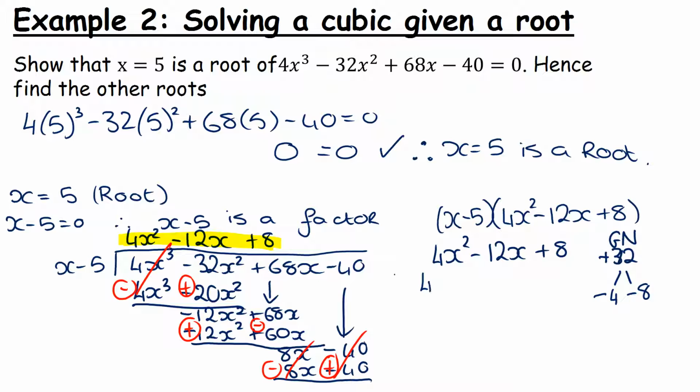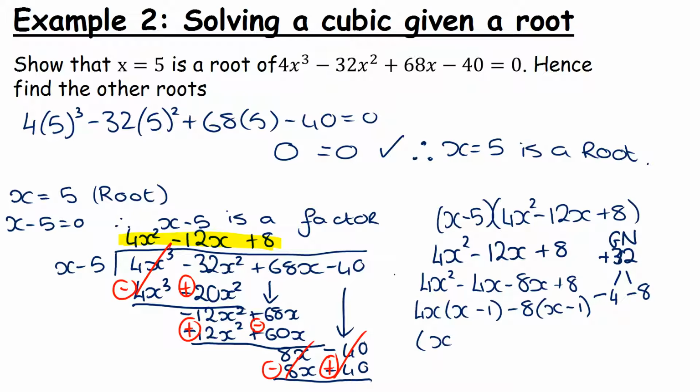So let's rewrite: 4x squared minus 4x minus 8x plus 8. So 4x is common, x minus 1, and minus 8 is common, x minus 1. So x minus 1 is common, and then we're left with 4x minus 8.